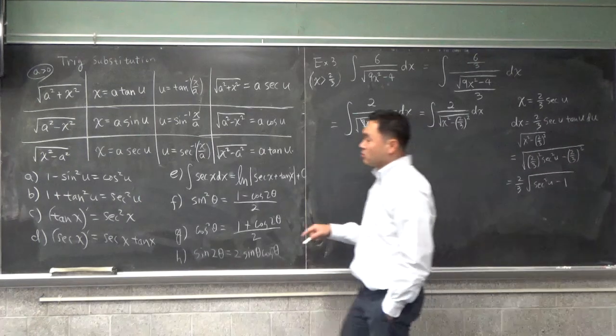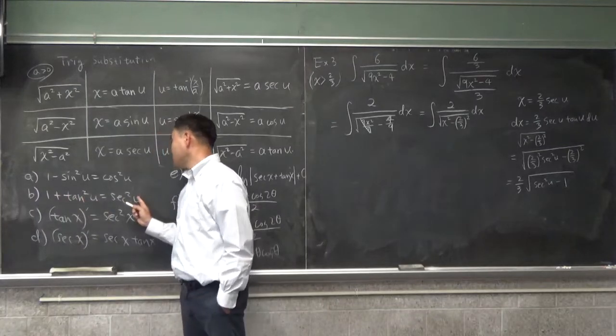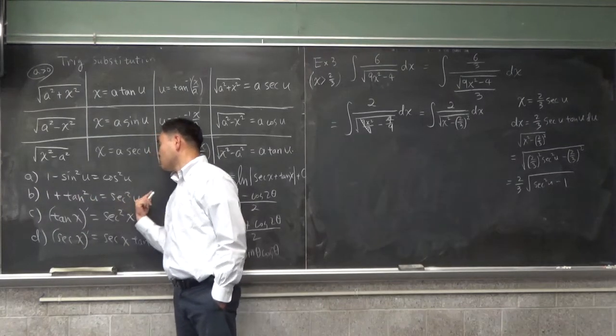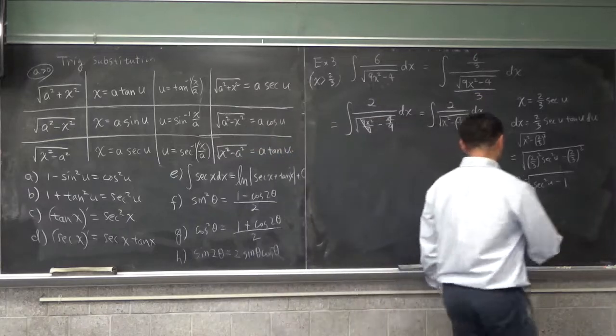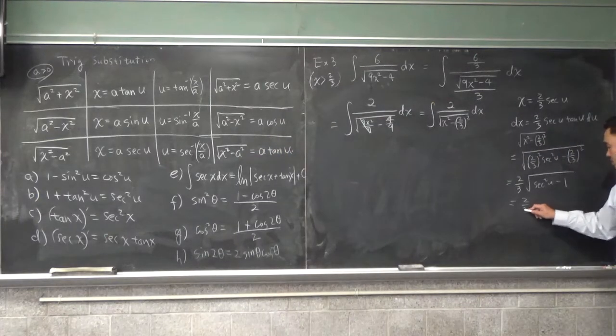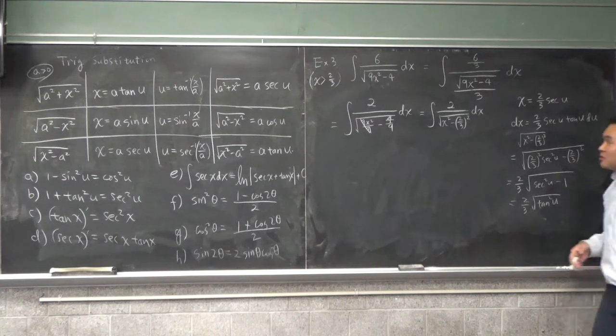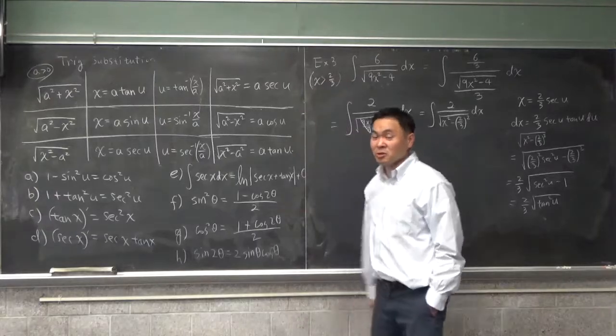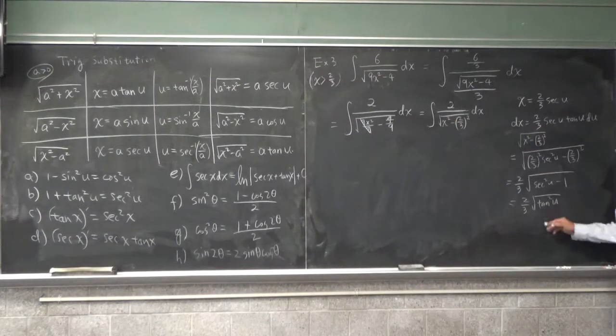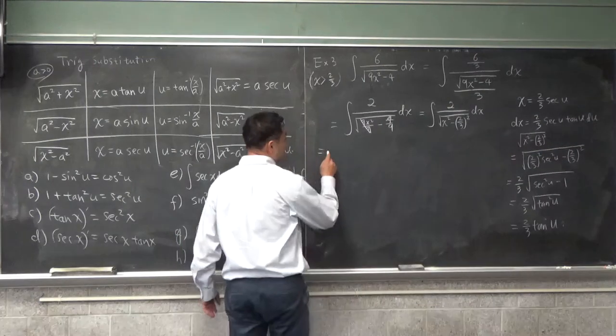And because 1 plus tangent squared is secant squared, if you subtract 1, you get secant squared minus 1 equals tangent squared. So this just becomes 2/3 of square root of tangent squared of u. And then square and square root will cancel and introduce an absolute value, but this additional condition will allow us to say that this is always positive, and therefore you can just write down 2/3 tangent of u.